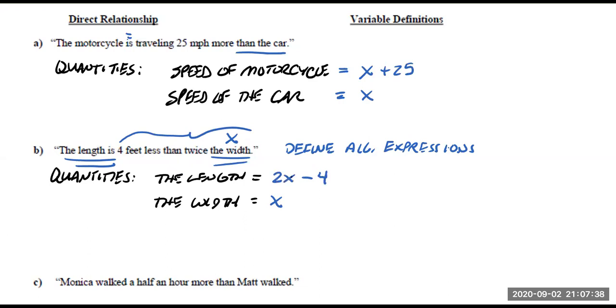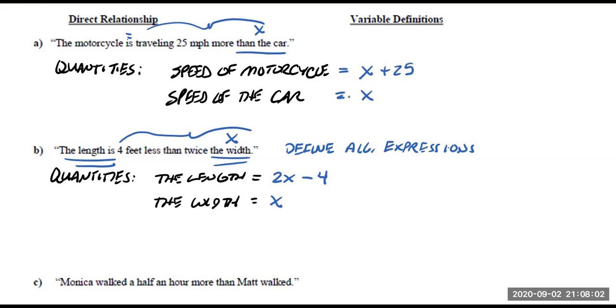So again, I'm looking at how one quantity is directly related in terms of the other. The motorcycle is directly related to the car. So the speed of the car is x, and then I can just translate, or define, 25 more than that.